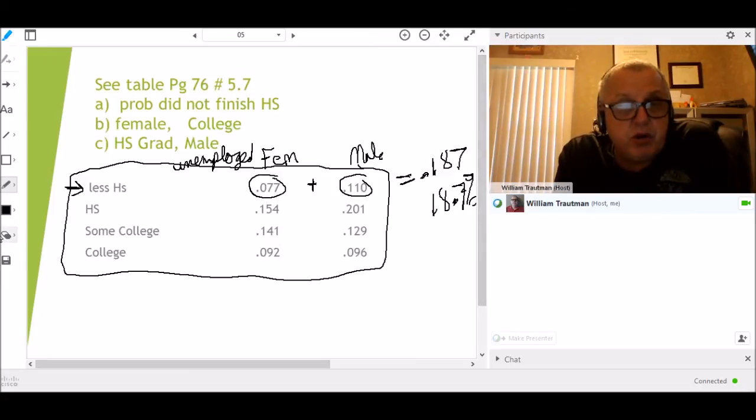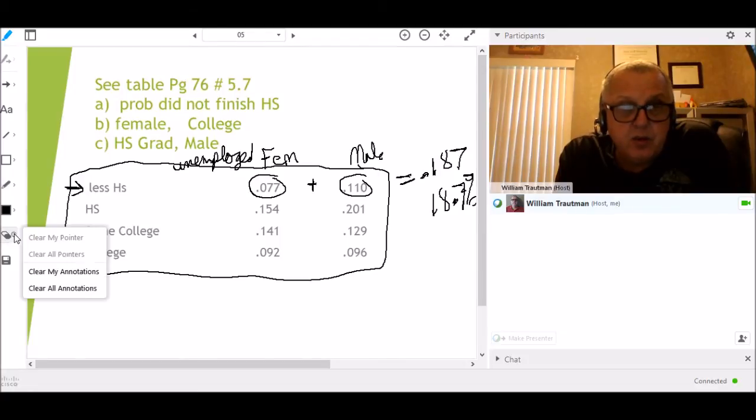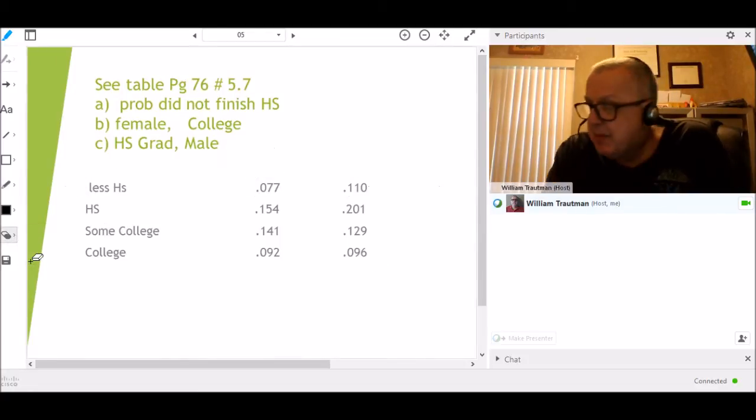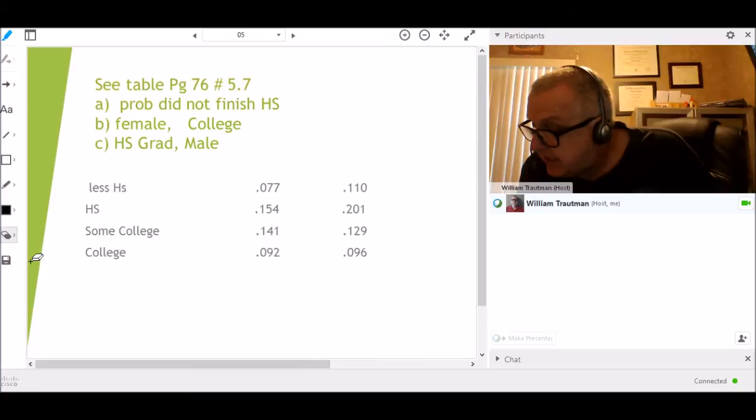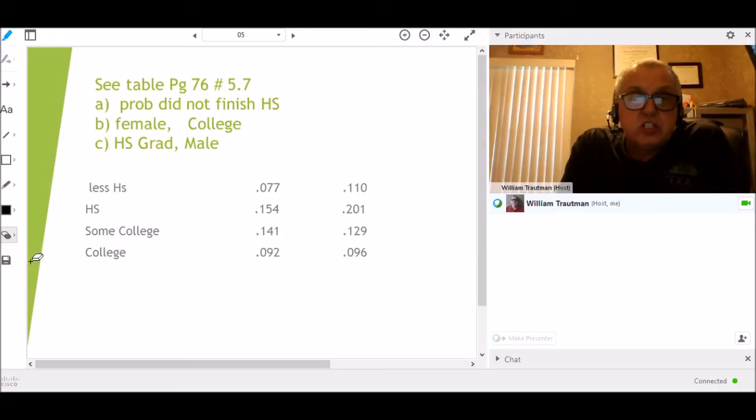Okay, that was part A. I hope that made sense. Part B, it says, if an unemployed female is selected at random, what is the probability that she has a college degree? So first of all, these were the females.